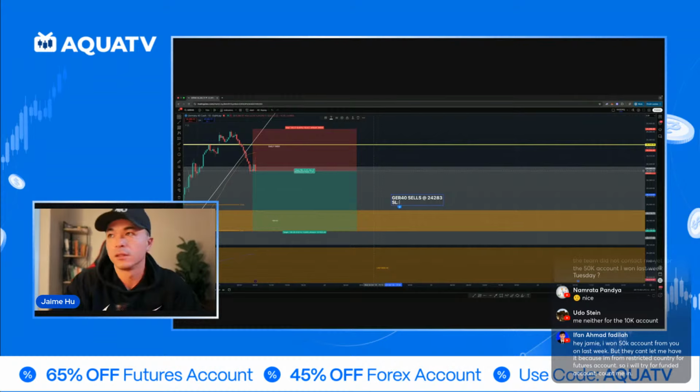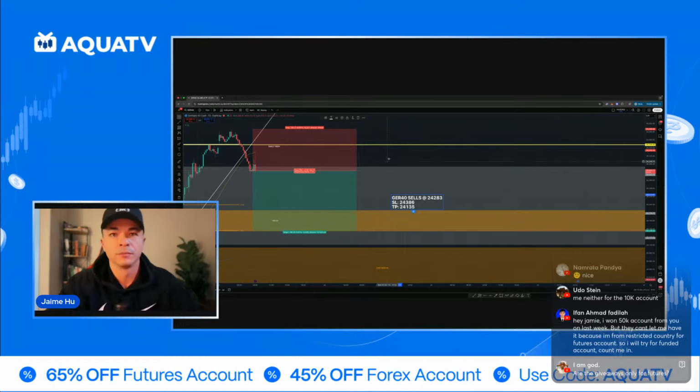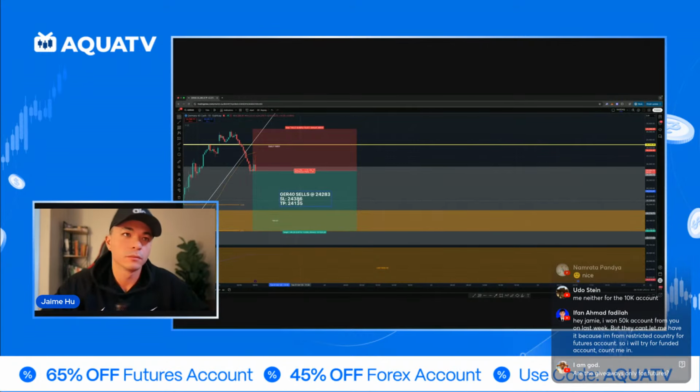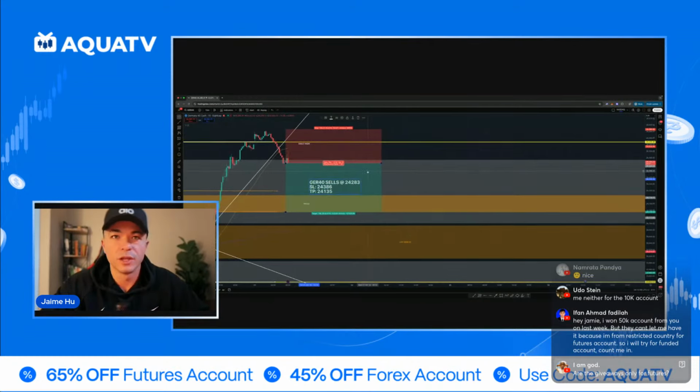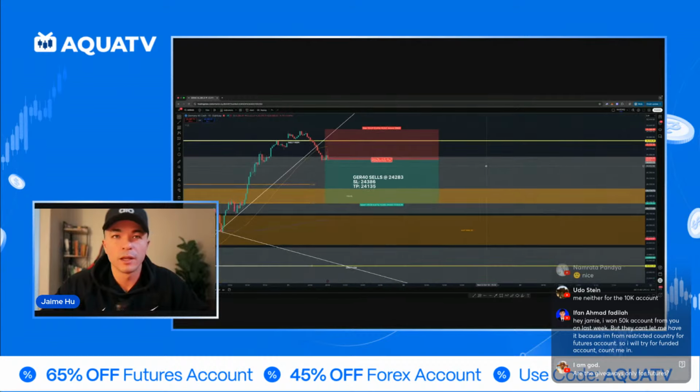SL is at 24386. And then TP, we're just aiming for that golden zone where we're actually looking to buy, 24135. So that's the trade that I currently entered in.